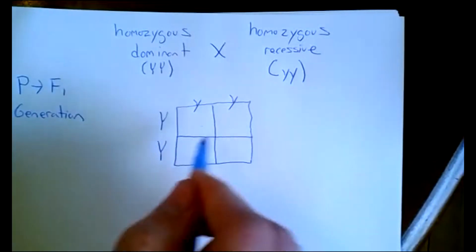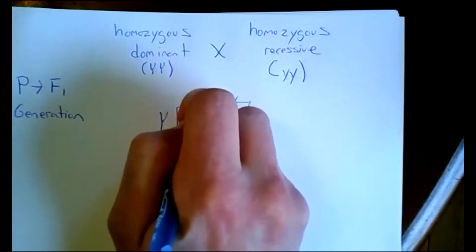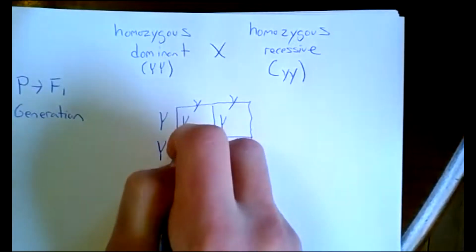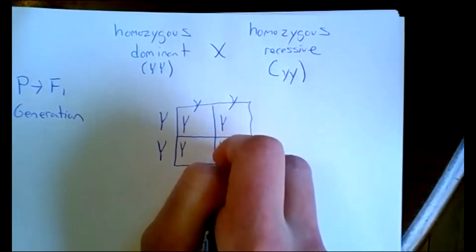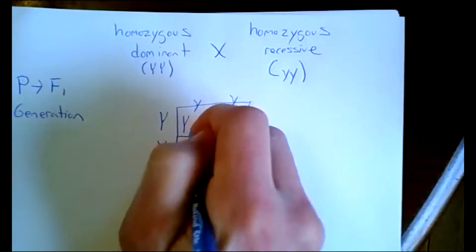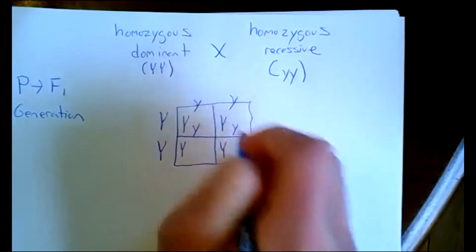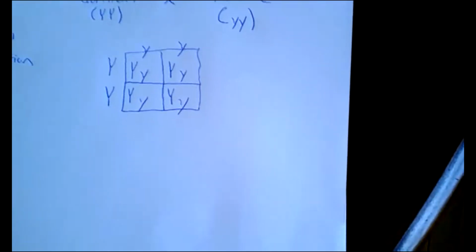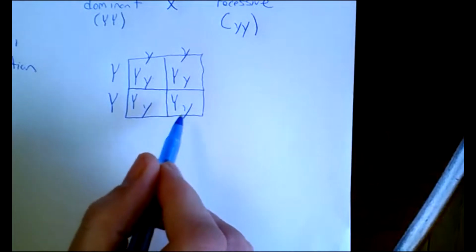And then you're going to distribute them into your Punnett square. Distribute big Y's, distribute big Y's, distribute little y's. And notice in this one, each of my boxes is the same. Each of my possibilities for what an offspring could be like are the same.